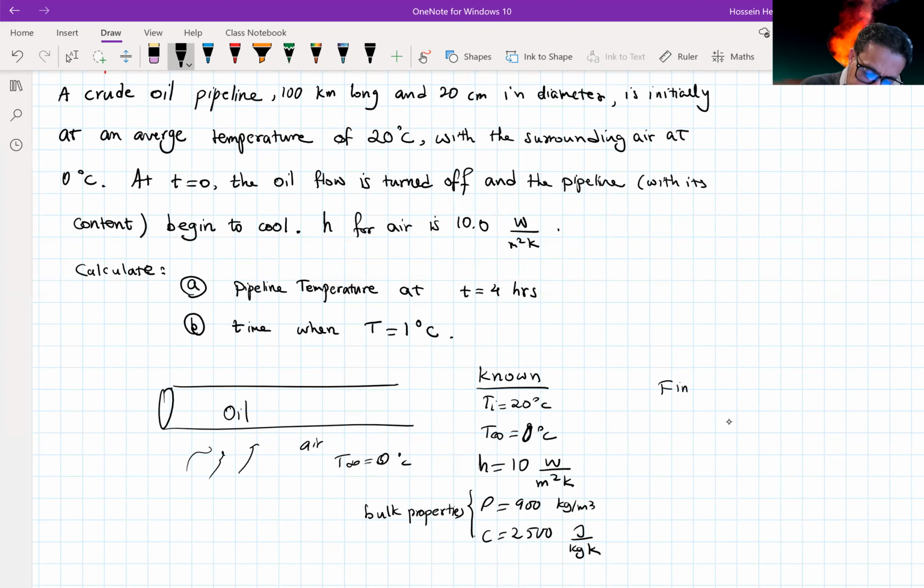We're going to find the temperature at t equal to 4 hours and the time when the temperature reaches 1 degree C. Assumptions: no generation, no radiation, constant properties.